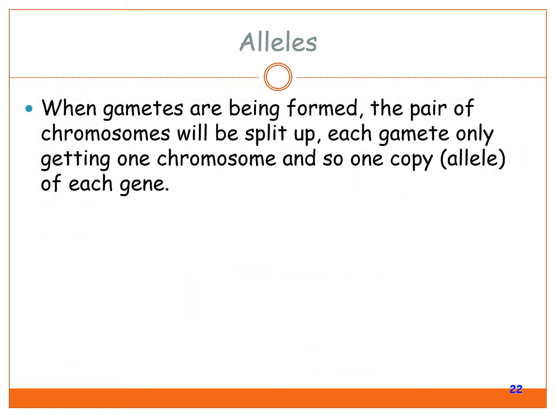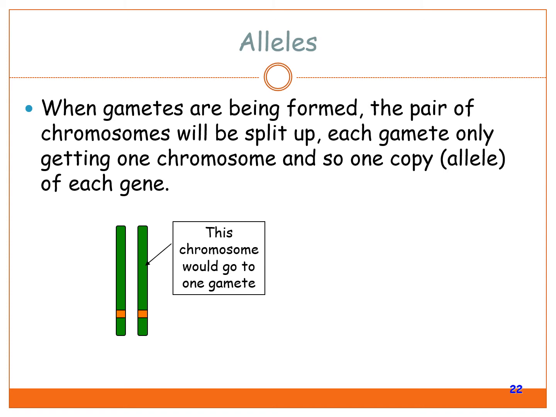So when sex cells, also known as gametes, which would be your sperm and your egg in the case of humans, are formed, the pair of chromosomes will be split up. So each gamete only gets one chromosome and so one copy of the allele for each of the genes.